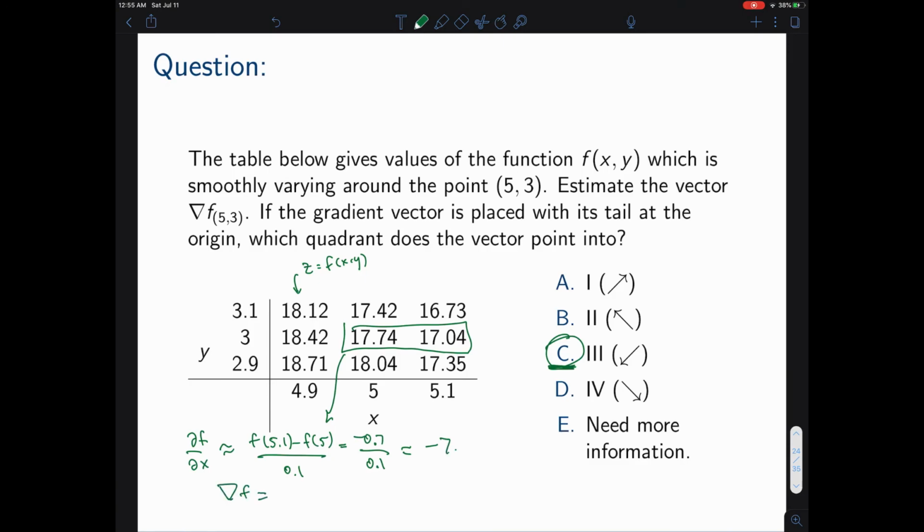So the gradient of f should start with something like a minus 7 and then something that we haven't figured out. Let's just say approximately equal. That's the estimate we got based on the slope between these two points, which is going to be pretty close to the tangent slope. I'll leave the y for you if you're curious.